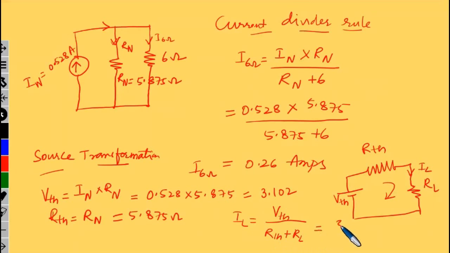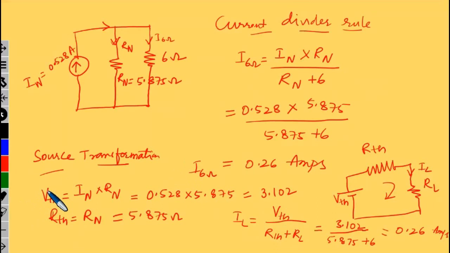So V Thevenin is 3.102 divided by R Thevenin, which is 5.875 plus 6. Its value is 0.26 amperes. So either you can do it with Norton's theorem or with Thevenin's theorem.